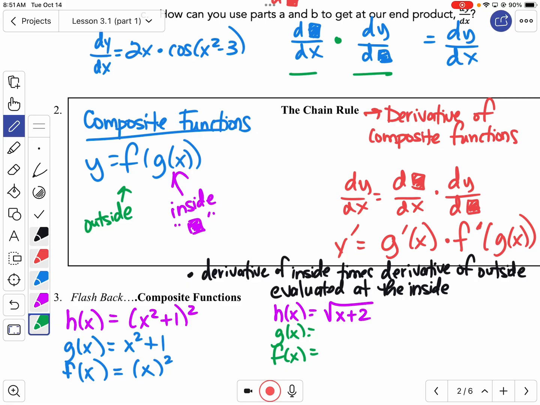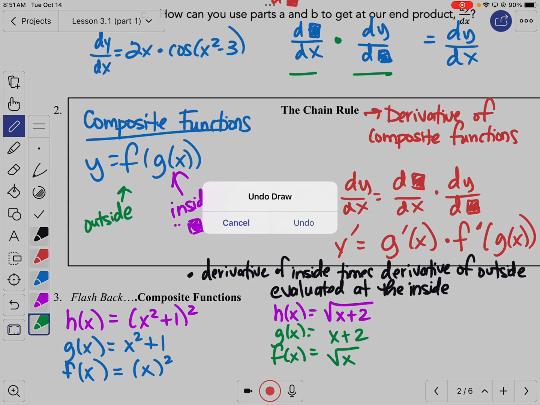What would be the inside function for that one? X plus 2. What are we doing to that x plus 2? We're taking the square root, so it would be the square root of x. That would be my outside, okay? So identifying that inside and outside.